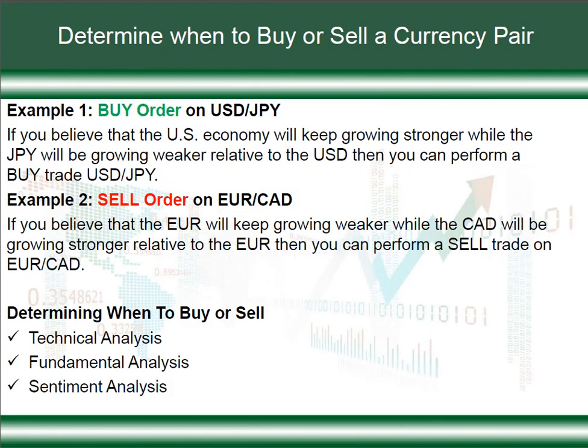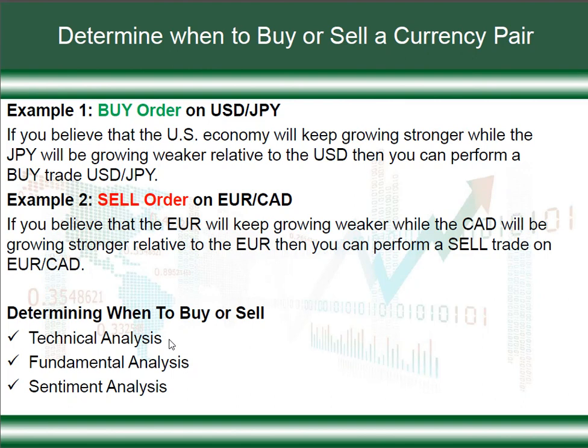Now, how do you determine when to buy or sell a currency pair? Simple. In later videos, especially when we start talking about analyzing markets, you will learn about technical analysis. There are indicators we use in the market to help us determine whether the price of a given pair will move or will be appreciating or depreciating.